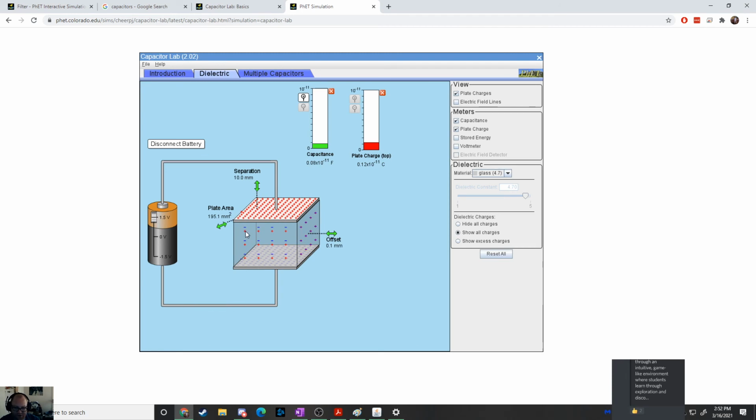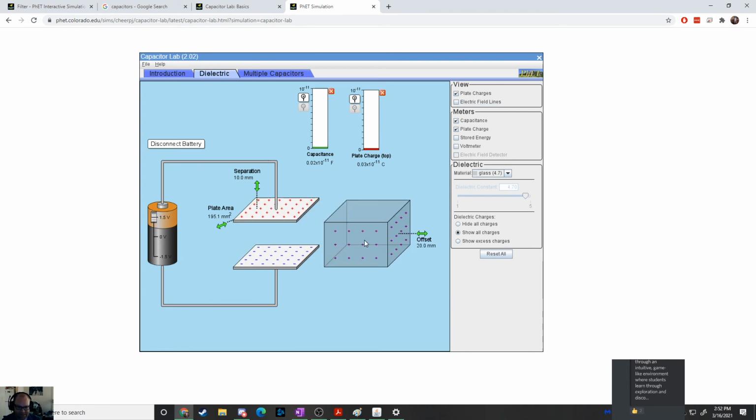Notice that within the dielectric you have this negative, positive, negative, positive, negative, positive. You're supposed to imagine that these are molecules or regions of molecules of the dielectric itself that are becoming polarized. And when you draw in the electric field lines, they basically go straight through them like that. But by placing a dielectric medium in between these plates, the medium itself becomes polarized.